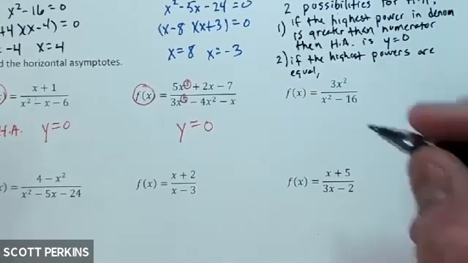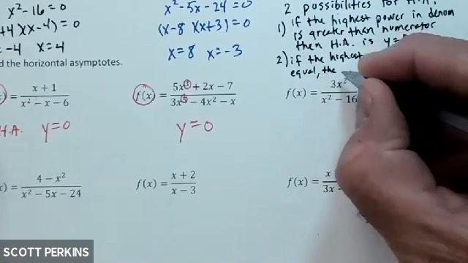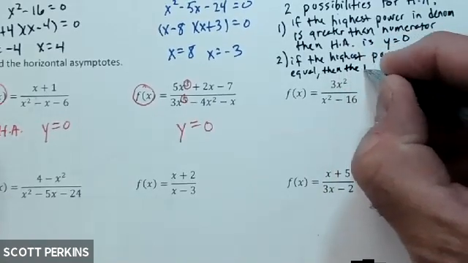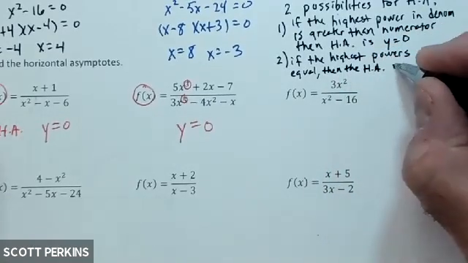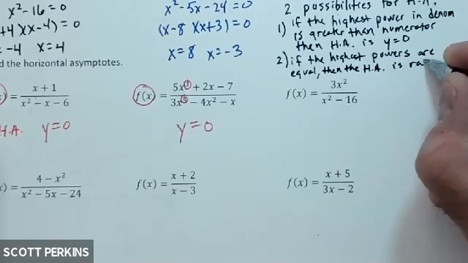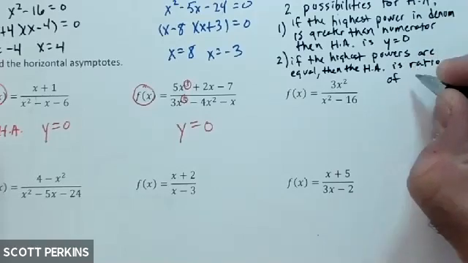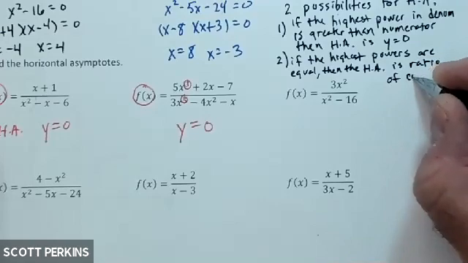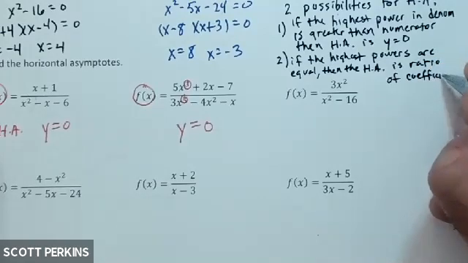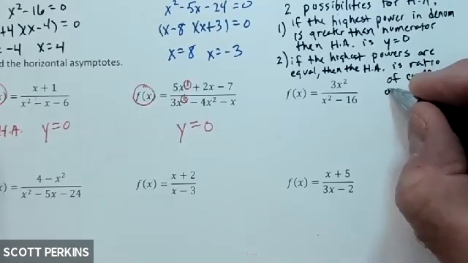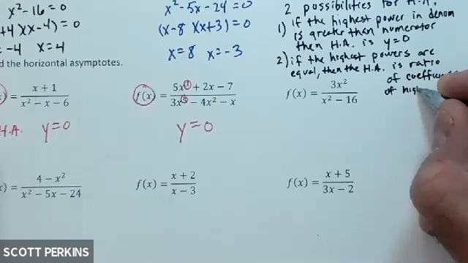if the highest powers are equal, then the horizontal asymptote is the ratio of the coefficients of the highest power terms.